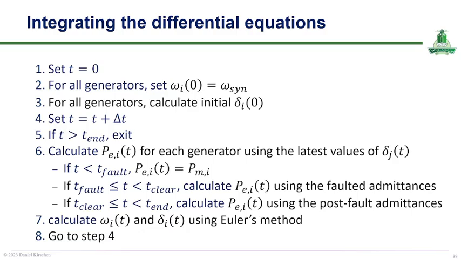This allows the model to capture the impact of disturbances on system dynamics. So finally, the generator speed and rotor angle are updated using Euler's method, providing a simple numerical integration technique.